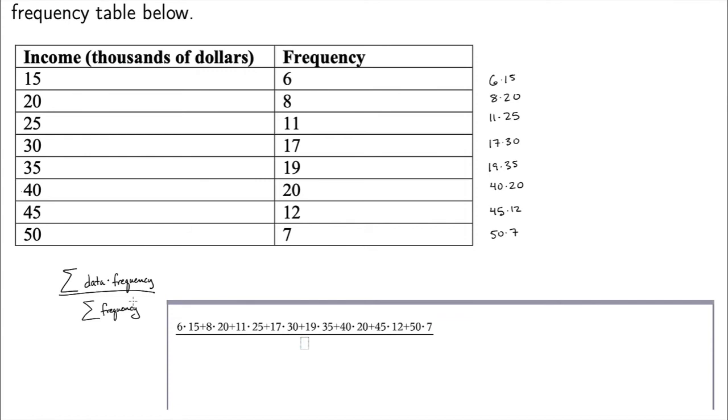And so I'm going to take just those numbers in the frequency column, the 8, the 6, 8, 11, and so forth, and add those in the denominator. Okay, and that's what I want. I'm going to go ahead and hit enter, and I get my average, or my mean, which is 33.9.